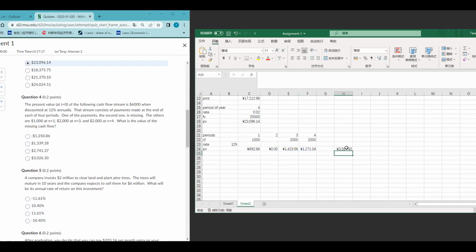Then we use the 6,000 minus the sum. Here is the present value of the second one.